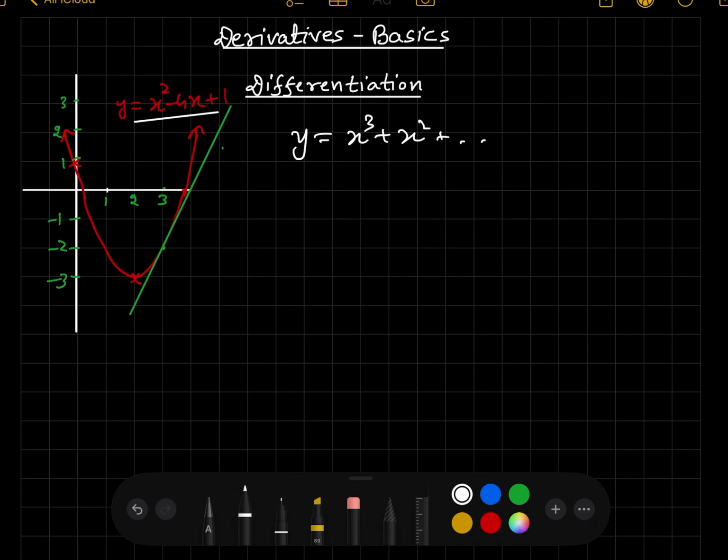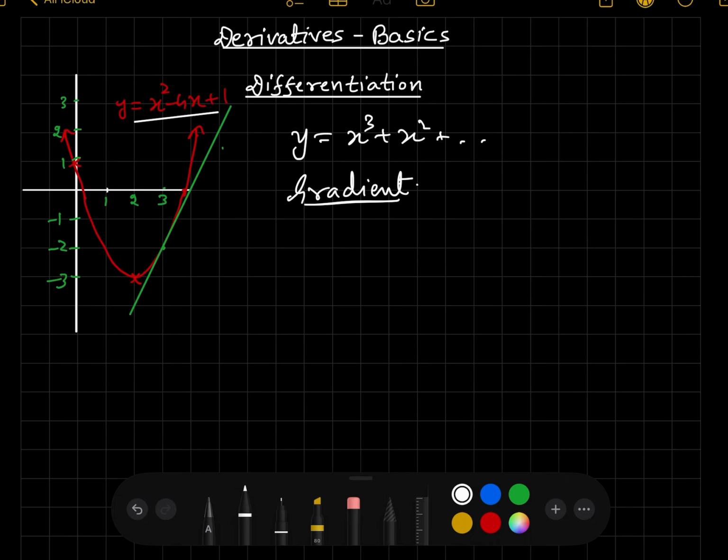What we actually do is find the gradient. We find the gradient of a curve at a particular point, and that we find by plotting the tangent to the curve at that point.